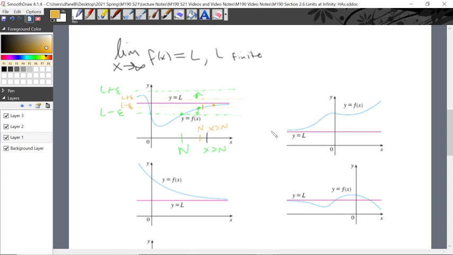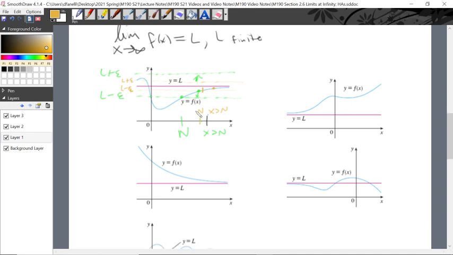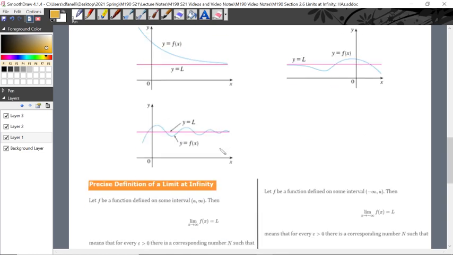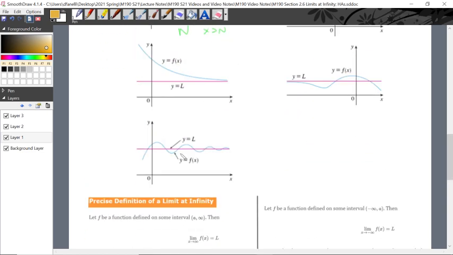So as long as we're approaching a finite number here in closeness, then geometrically we say we're approaching a horizontal asymptote. This first image is showing it approaching from below. We could also be approaching from above, and we can cross a horizontal asymptote one or many times.